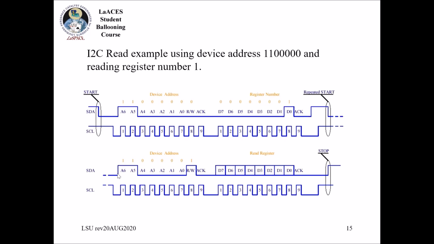And then I think this is the device now responding to it. So now the device is going to send data back, and it's saying, hey, this is still my device address, so it's still going to call itself out, and then it's going to send the data from that address. All right, and then you get to stop.